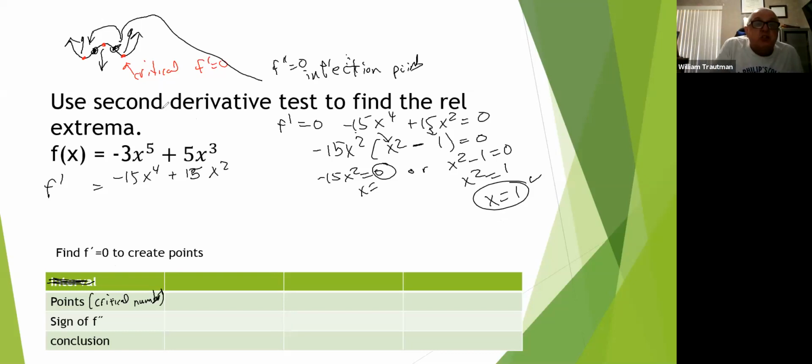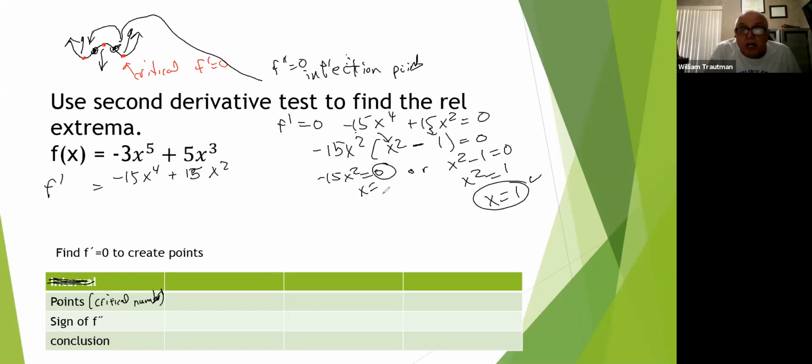This problem says use the second derivative to find the relative extremas. There are two separate problems. For concavity, we're doing everything with intervals. Extremas are the highest points and lowest points. Relative extremas are valleys and peaks. To find extremas, first we have to find the points, the critical numbers, and we found those.